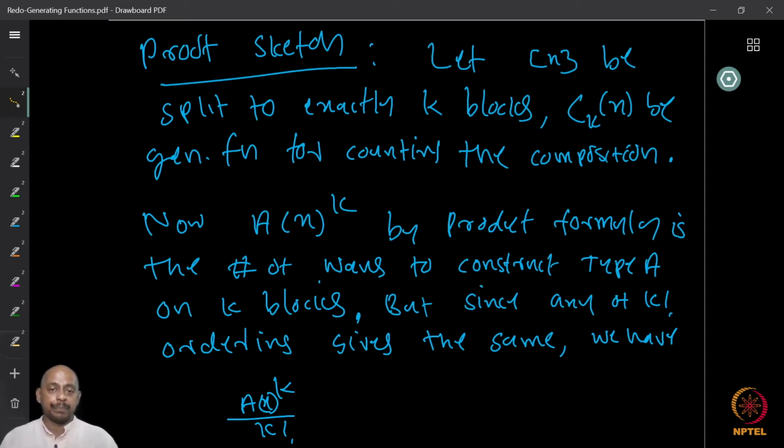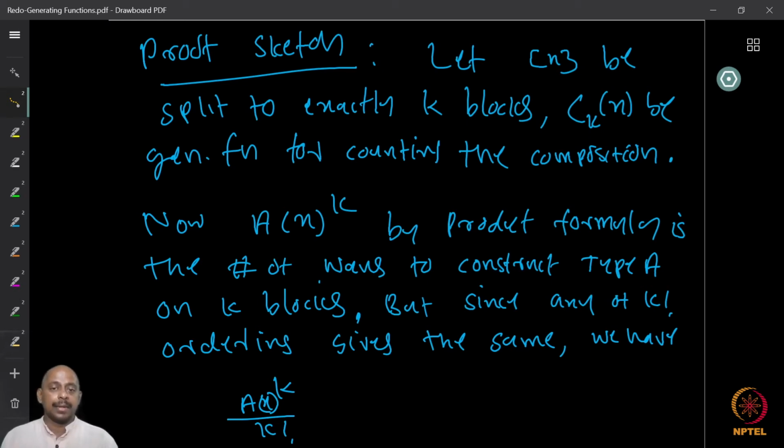So therefore, when I look at A of x whole raised to k, we are basically counting all the possible permutations of the blocks also. There are exactly k factorial permutations, and each of them will give the same object, because we are putting A structures on them. So therefore, we have to divide by k factorial to make sure that we don't overcount.